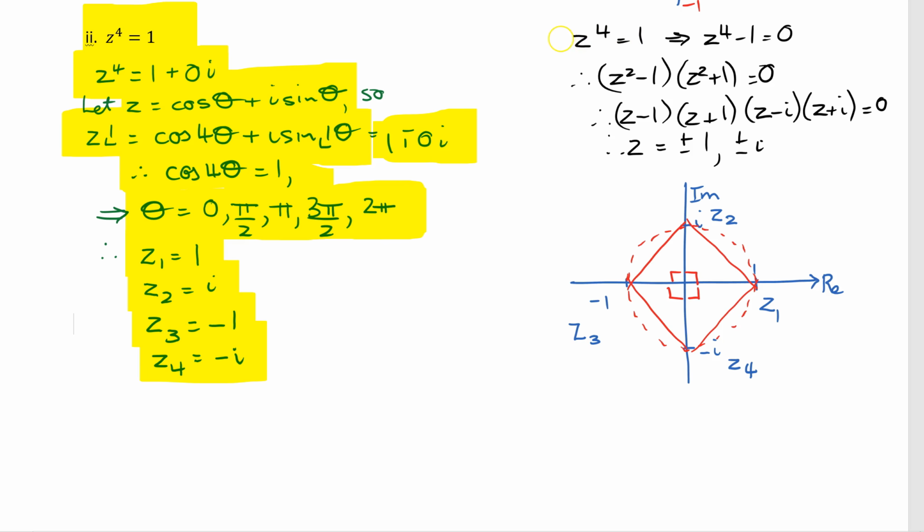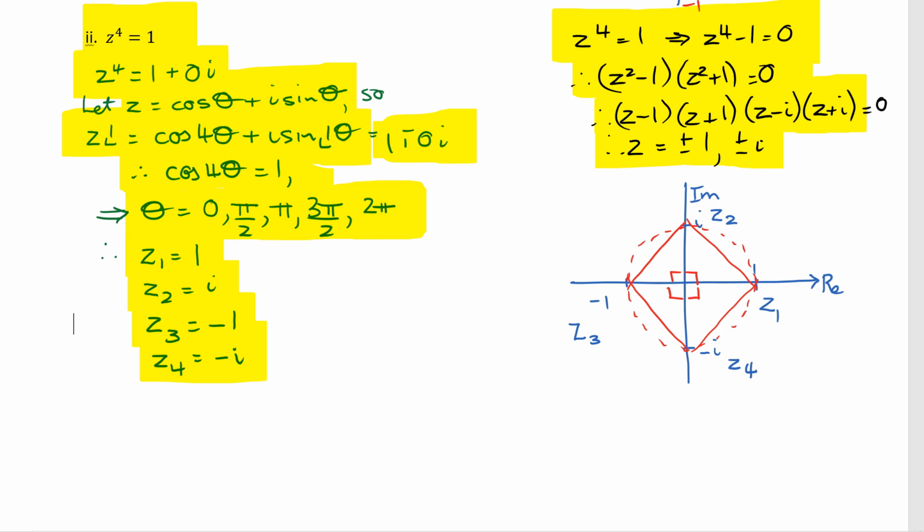Now, algebraically, similarly to before, z to the 4th equals 1 implies this, which gives us this. First bit's okay, difference of squares. The second bit we can do, now that we have complex numbers, also as a difference of squares, and we get the same 4 roots.